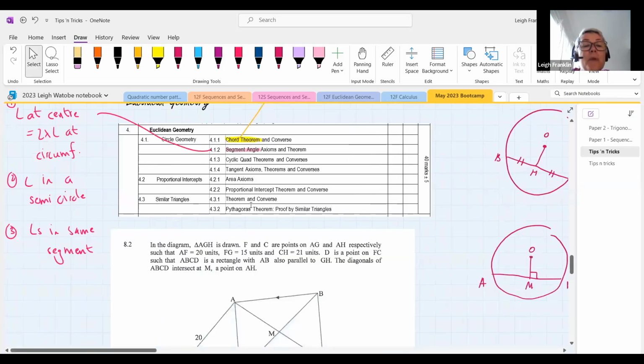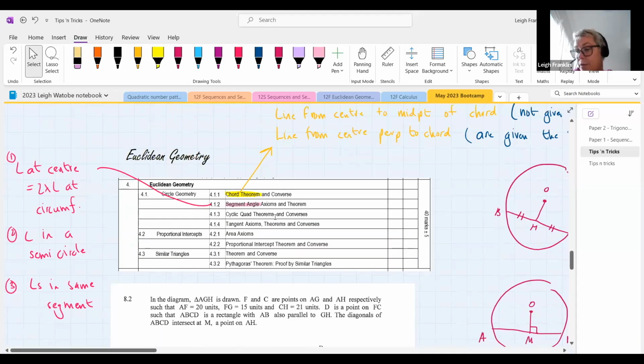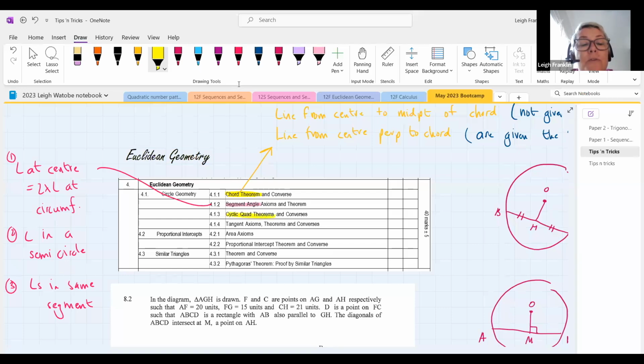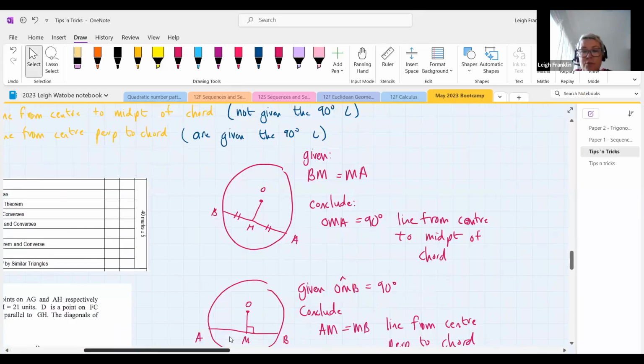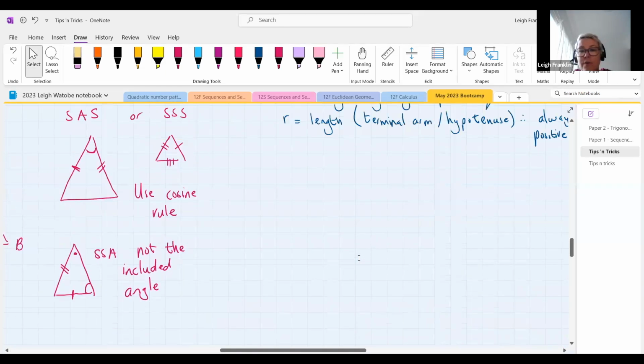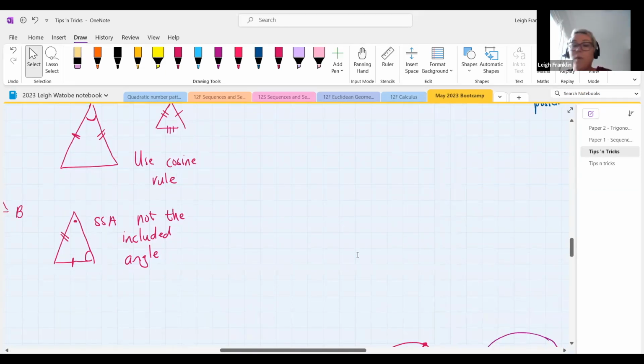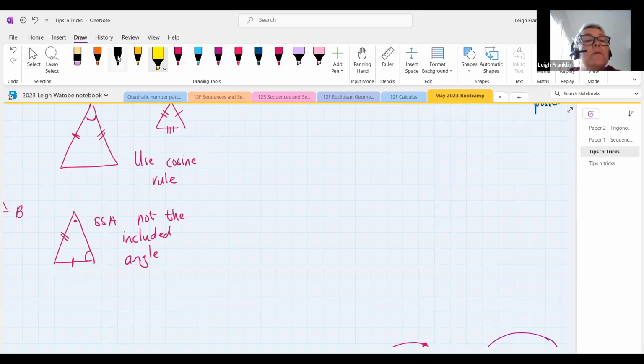Okay, so going back again over here, your cyclic quad theorems. There are two cyclic quad theorems. When it comes to cyclic quads, a quad is called cyclic because there are 4 points on the circle.